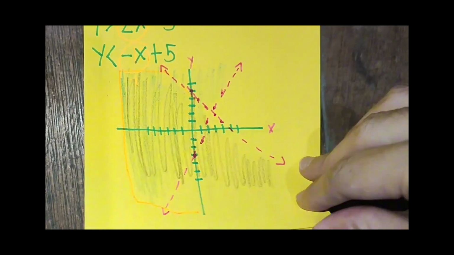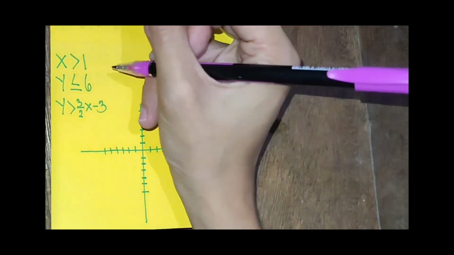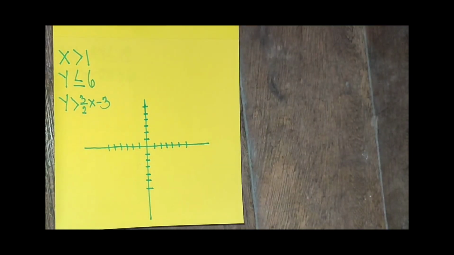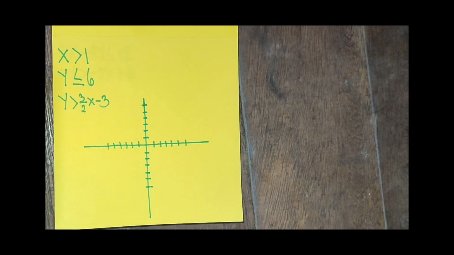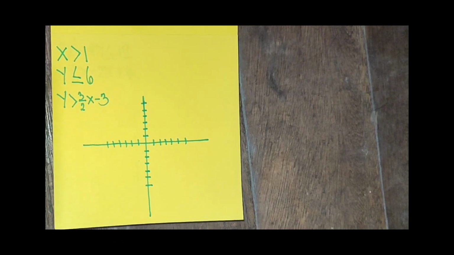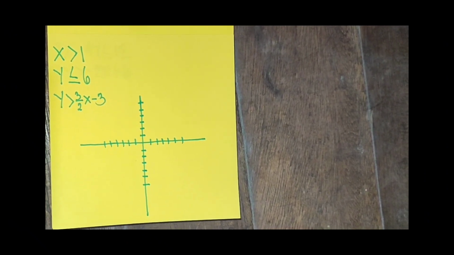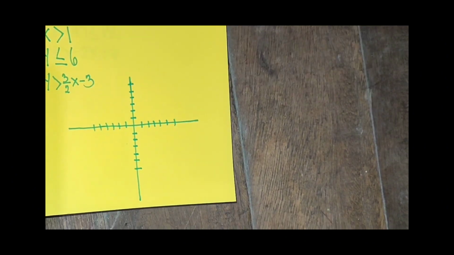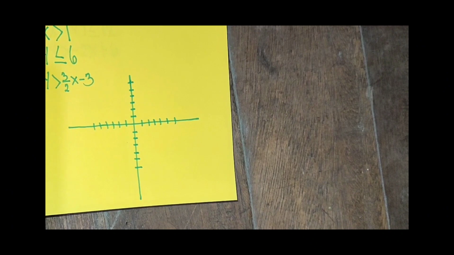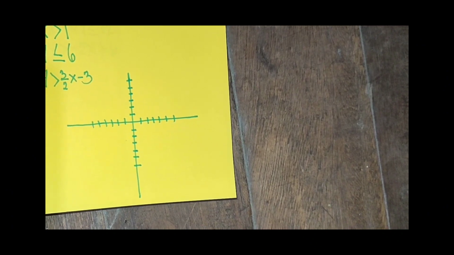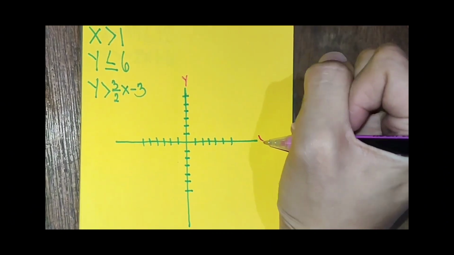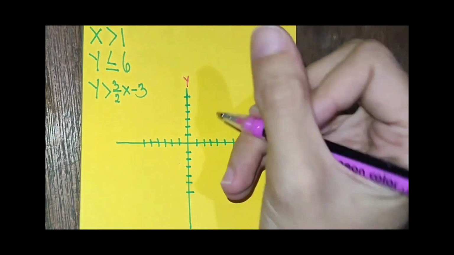Ganun lang. So, next ulit tayo. Ang given natin 3. Paano naman yan? So, ang given x is greater than 1 and y is less than or equal to 6. Ang isa naman is y greater than 3x over 2 minus 3. Ito yung y, ito yung x. So, 1.